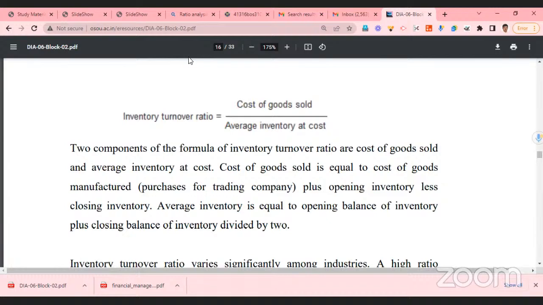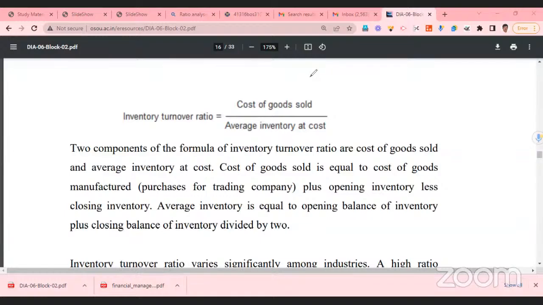Average inventory is the opening inventory plus closing inventory divided by 2. If two years of data is there, we'll consider it. If it is one year, you can take one year's data only.